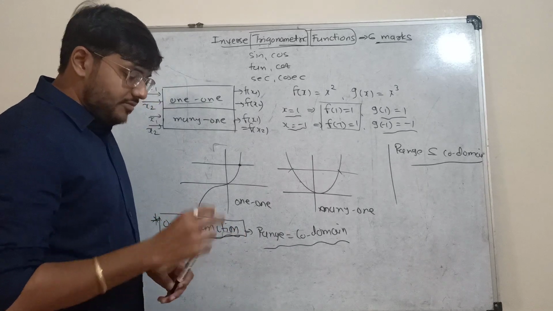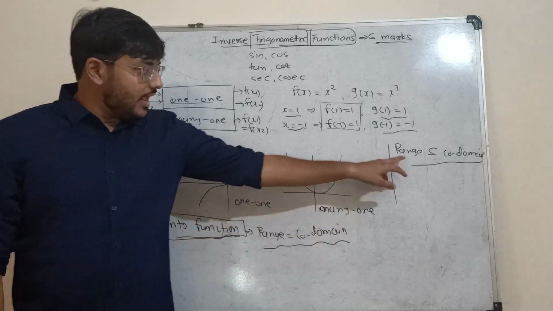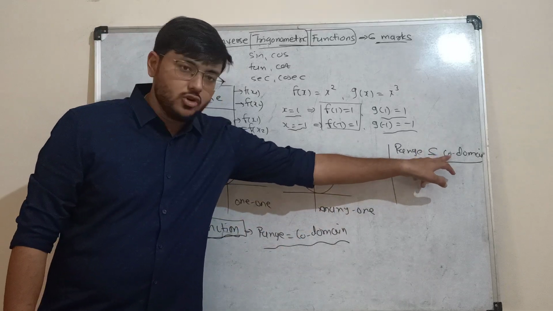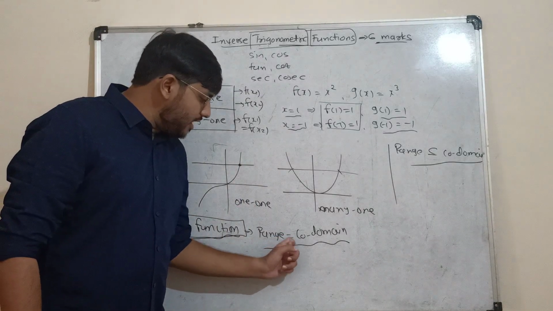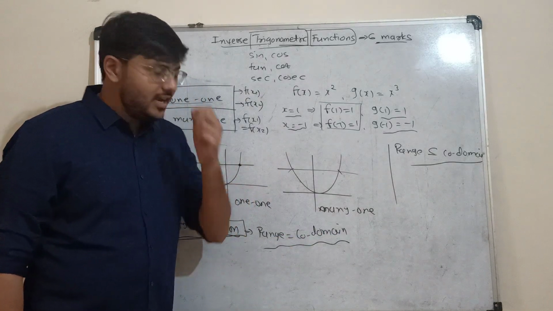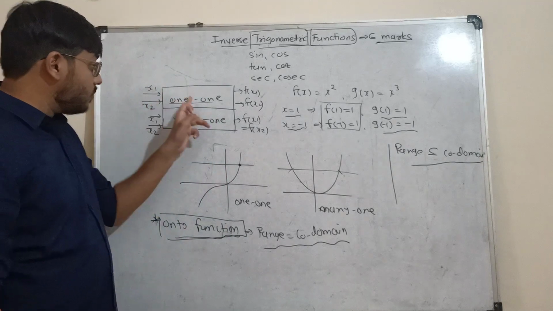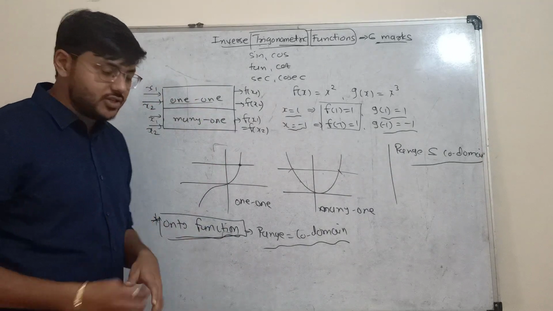From the basic definition of a function, range must be a subset of or equal to codomain, whereas in onto function, range must be equal to codomain, right? So these are the three types of functions: one-one, many to one, and onto functions, right?